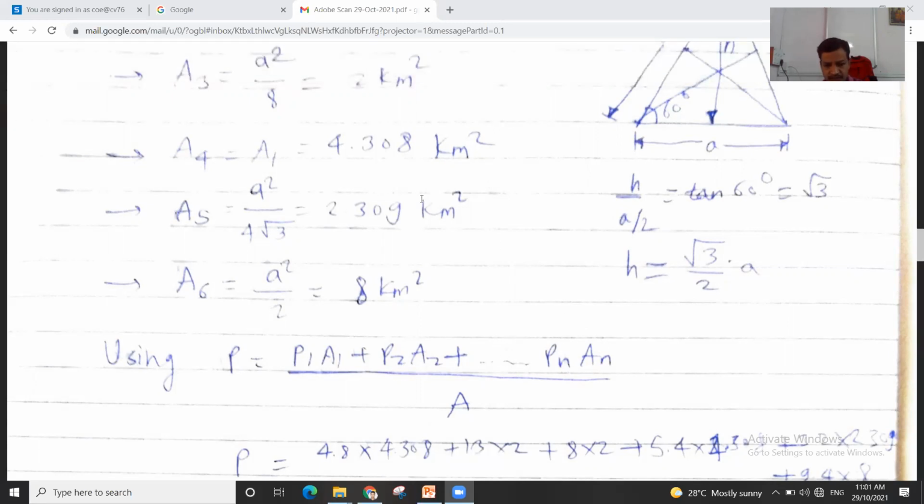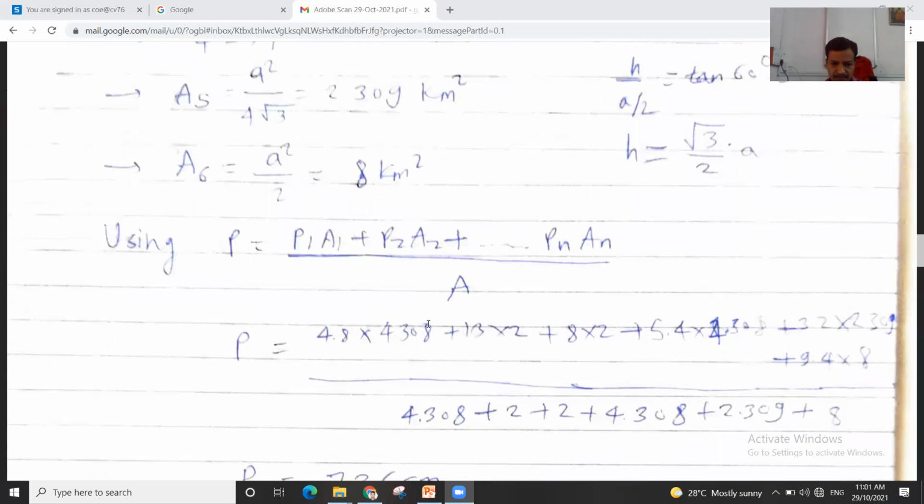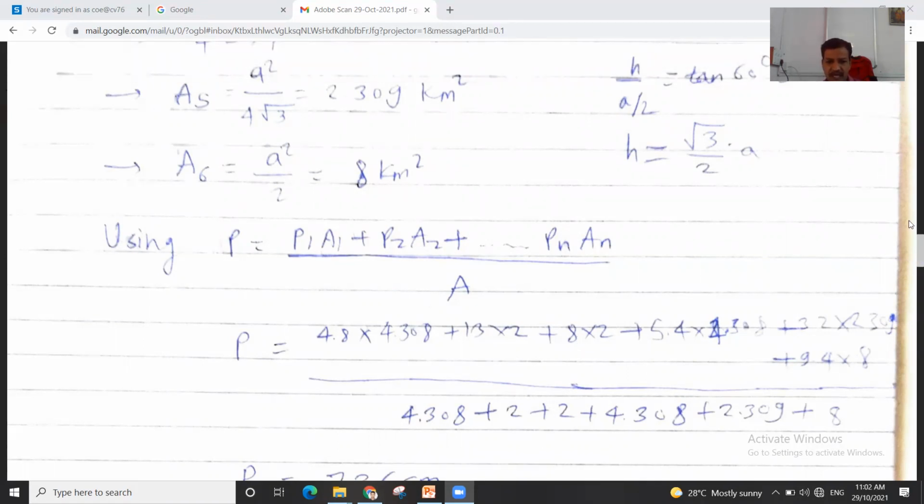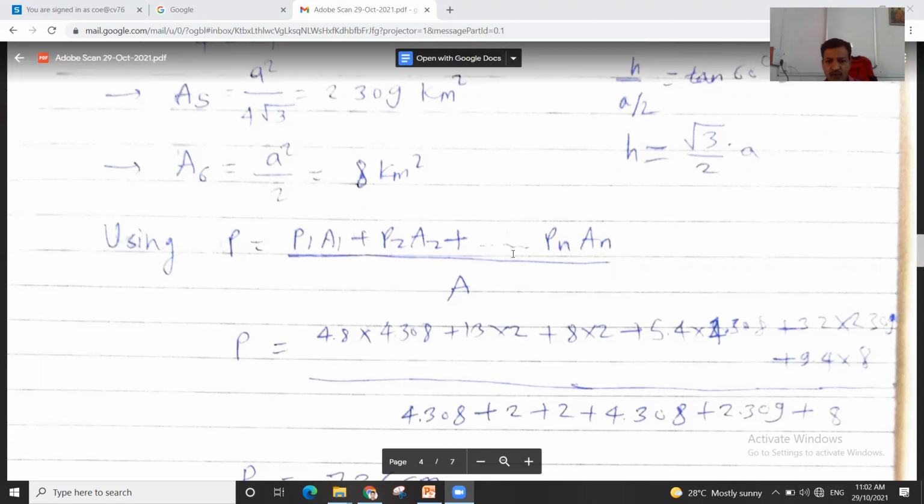Divided by capital A, the total area of all the areas you have divided. P1's value is given in centimeters, P2, P3 up to P5. The precipitation, the rainfall is given, multiplied by areas A1, A2, A3, A4, A5 up to A6.